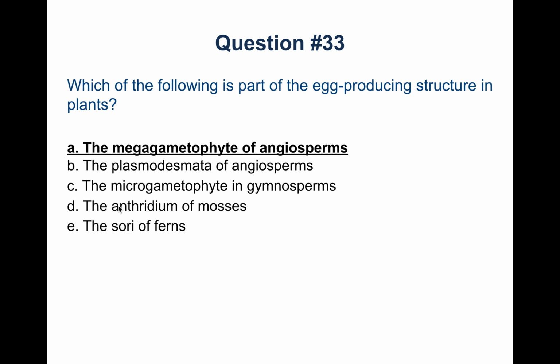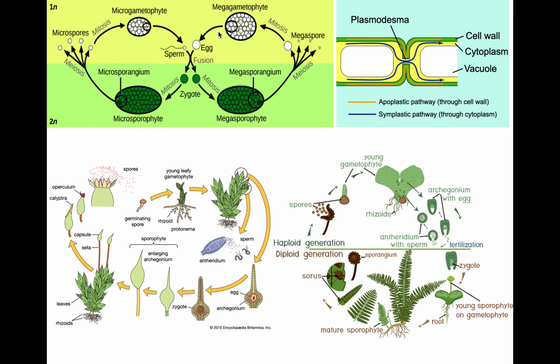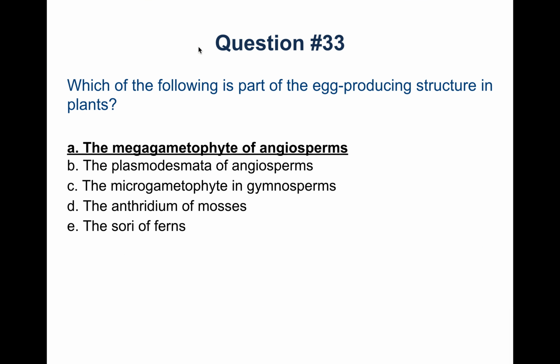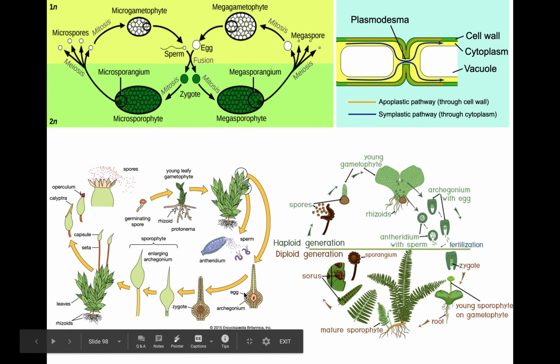Then you have the microgametophyte. When you look at the alternation of generations, the microgametophyte actually gives rise to the sperm, whereas the megagametophyte will give rise to the egg. So it's not microgametophyte. And then you've got the antheridium of mosses and the sori of ferns.